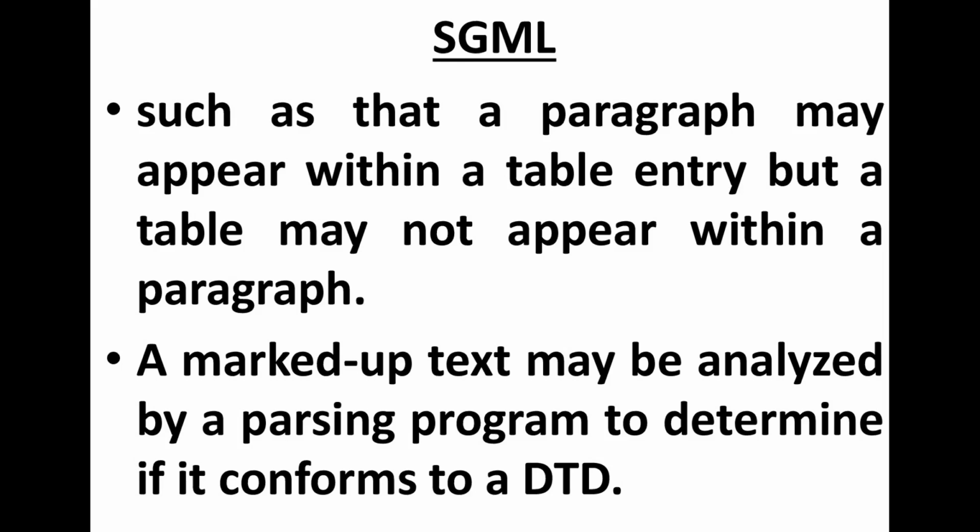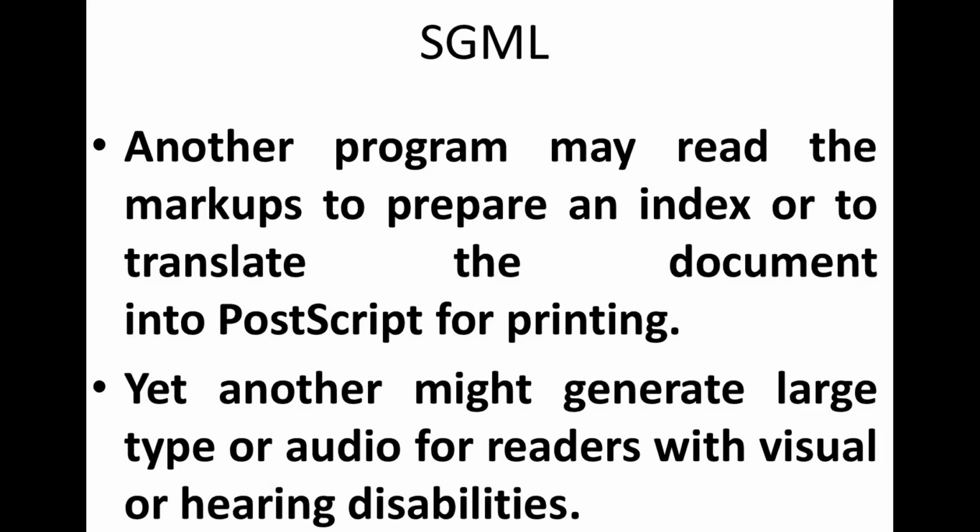A marked up text may be analyzed by a parsing program to determine if it conforms to a DTD. Another program may read the markups to prepare an index or to translate the document into PostScript for printing. Yet another might generate large type or audio for readers with visual or hearing disabilities.